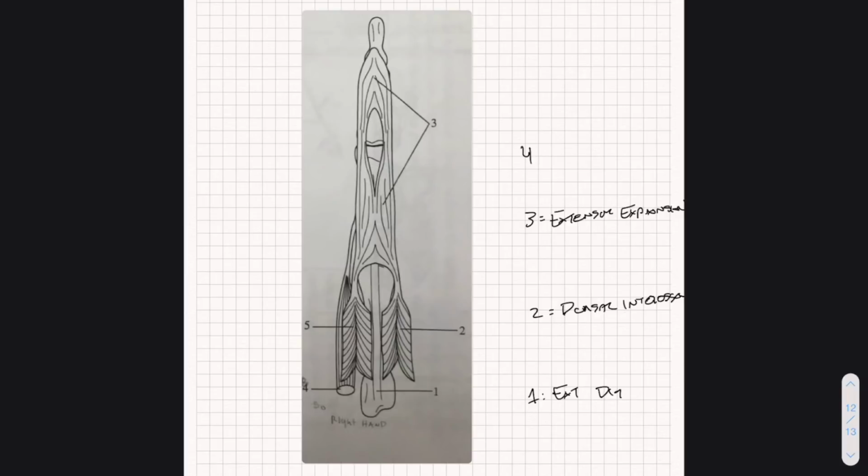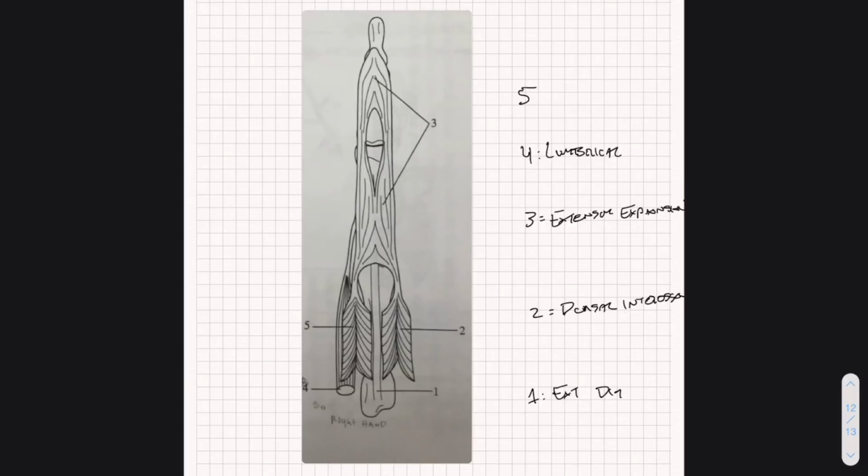Okay, number four, so this is a tube-like muscle, and it's on that side of the finger. The tube-like muscles, this looks like an earthworm. The word lumbrical means worm-like, so that's a lumbrical. That's what a lumbrical is going to look like. They look like the tubes.